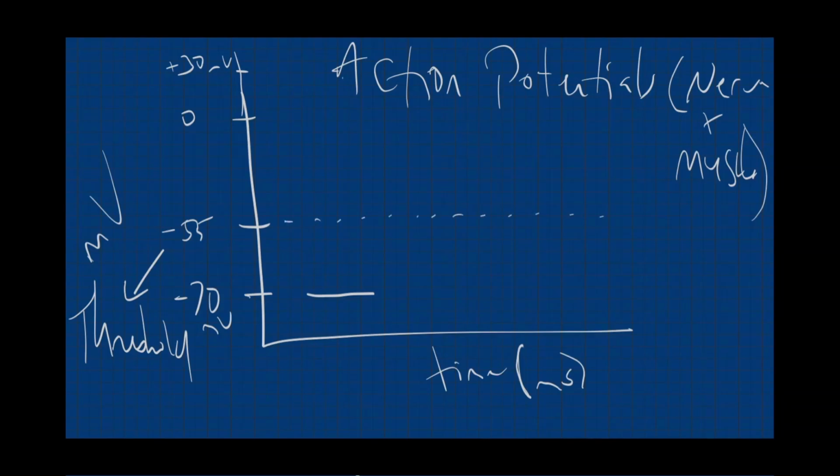Okay? So now we start moving up towards threshold. So we're starting to creep up here. Why are we starting to creep up and get more positive? What is going on? Sodium is moving, right? So in order for sodium to move, what has to happen? The gate has to open.